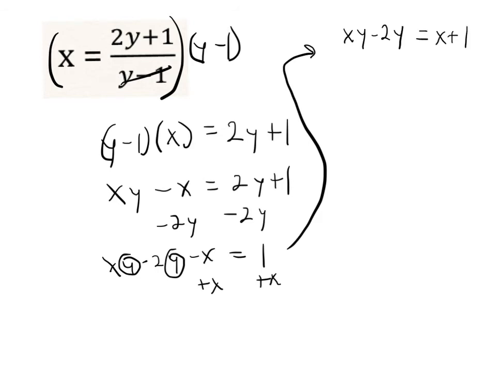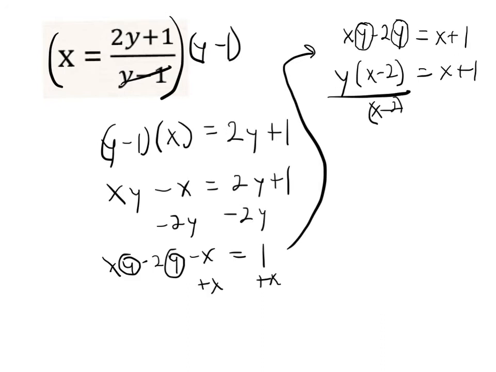Alright, and now this is a classic algebra move where we factor out the variable we want and divide away the rest. So we factor out y, leaving x minus 2 equals x plus 1. Then we're going to divide away x minus 2.